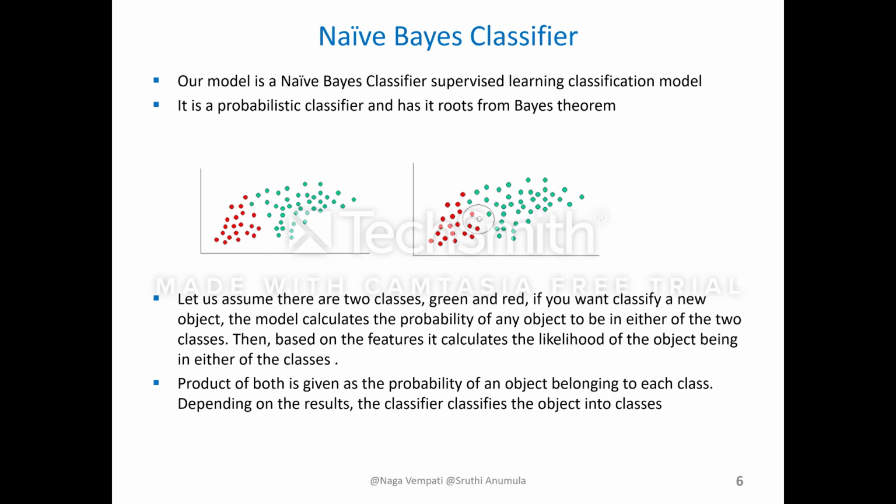The model first computes the probability of any object to be in either of the two classes. Then, based on the features, it calculates the likelihood of the object belonging to either of the classes. The product of these two measures gives us the probability of an object belonging to each class. Depending on the results, the classifier outputs the class the object belongs to.